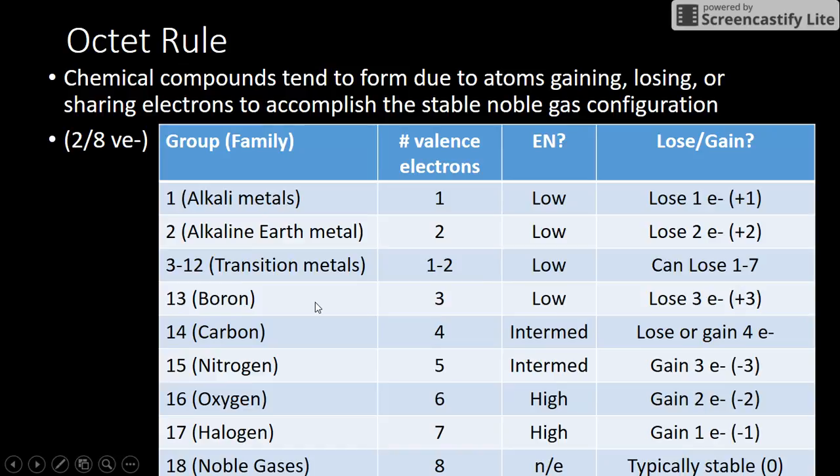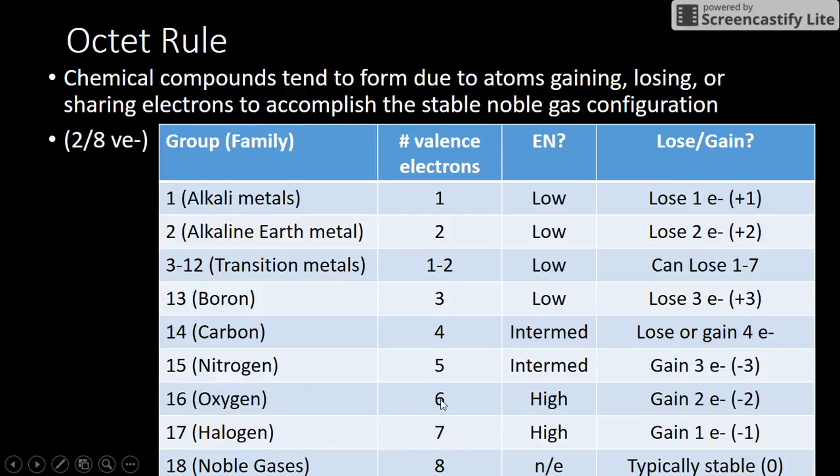Boron group 13 have 3 valence electrons. They have low electronegativity, so they'll lose those 3 electrons to be +3 ions. Carbon group 14 has 4 valence electrons, and nitrogen group 15 has 5. Because of their intermediate electronegativity, they tend to share. They could lose or gain, but for the most part, these are going to be sharing. But if they were to form ionic compounds, group 14 would lose or gain 4 electrons, and group 15 would tend to gain 3 electrons to be -3.